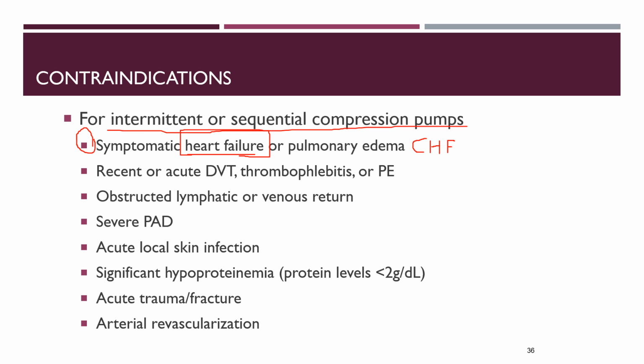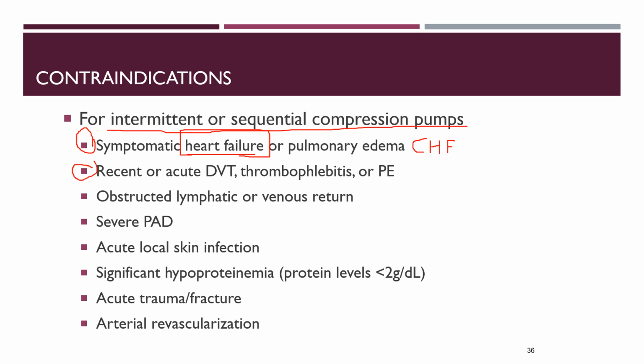Okay? So the next one here, we have recent or acute DVT, thrombophlebitis, or pulmonary embolism. Again, remember that compressive therapy is not a treatment for a DVT, but it is a prophylactic measure that we're going to use.